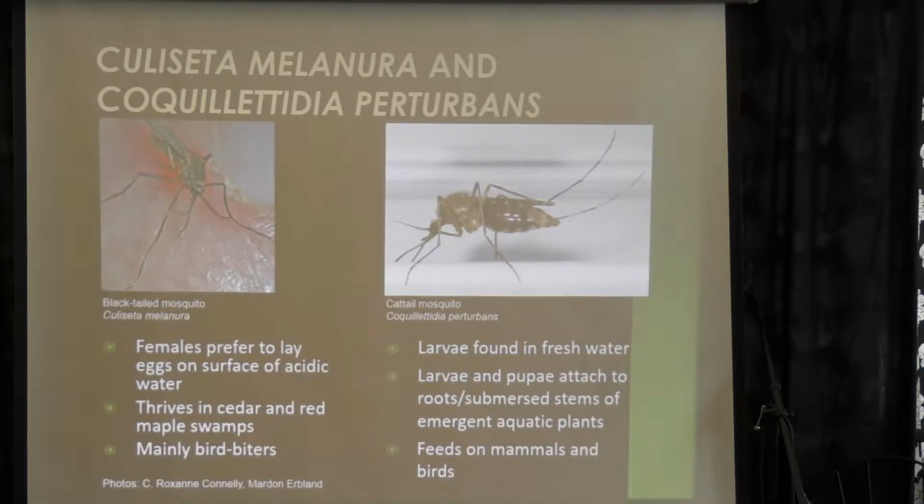The way they get it is they jam the end of their abdomen into the stem, and there's air in there, and they're breathing from that. So they need that flowing water instead of stagnant water to survive. And these are the ones that are the bridge vectors. So they feed on birds, but they also feed on mammals. So once there's enough Triple E around, they're going to be catching it and giving it to rabbits, humans, horses, things like that.